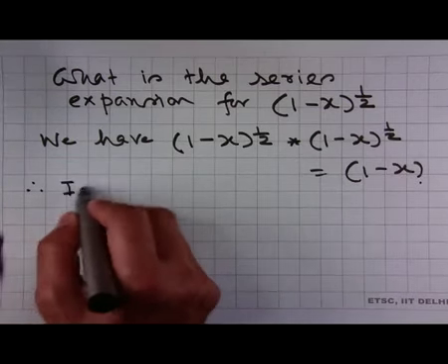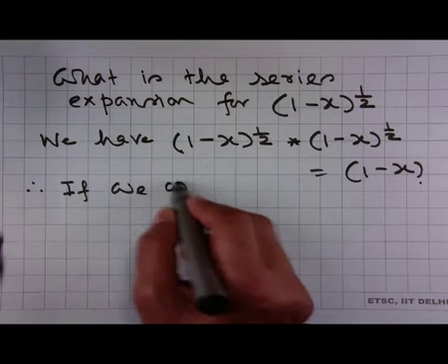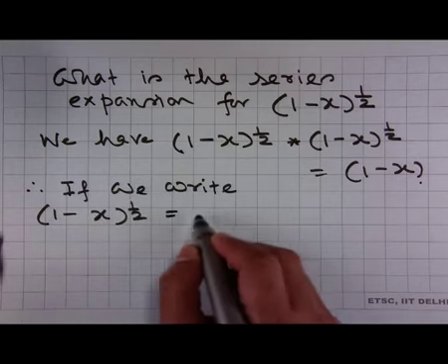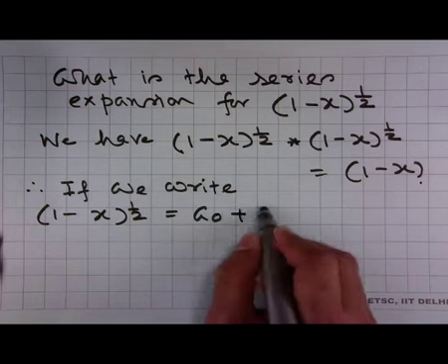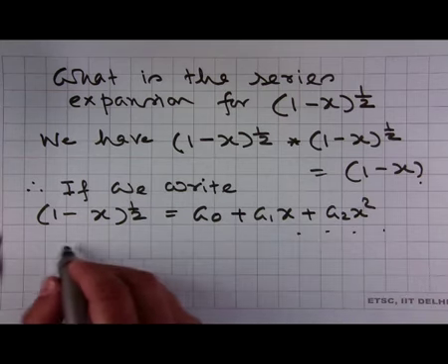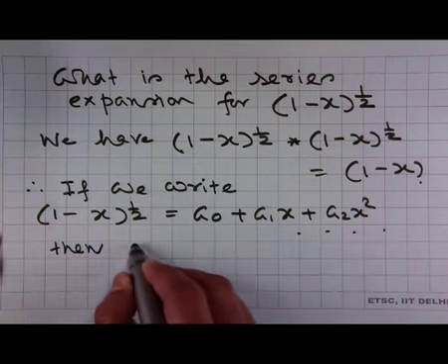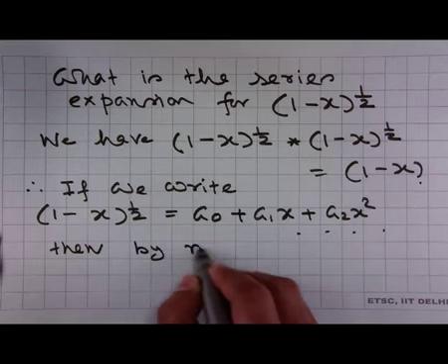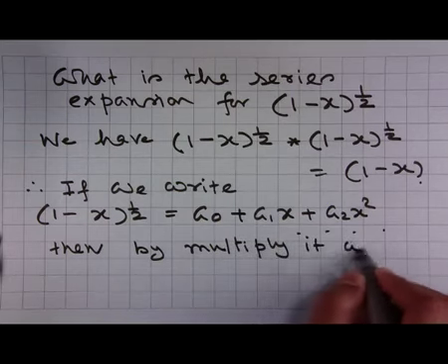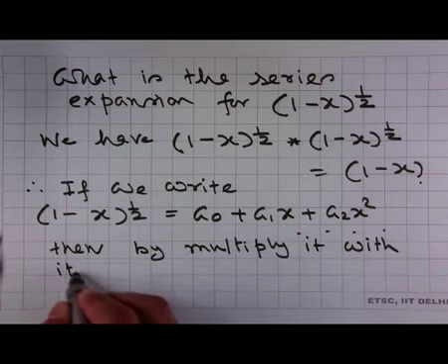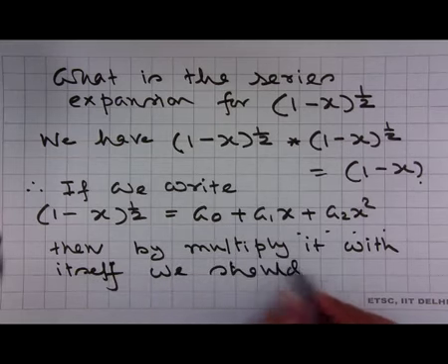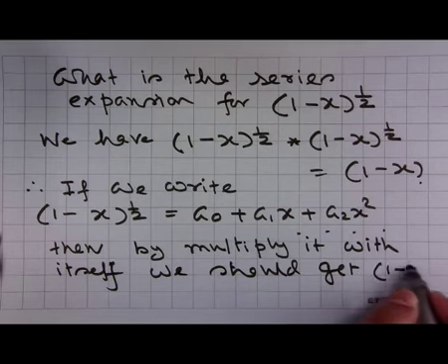Therefore, if we write (1 minus x) to the power half is equal to a0 plus a1 x plus a2 x square, etc., then by multiplying it with itself, we should get 1 minus x.